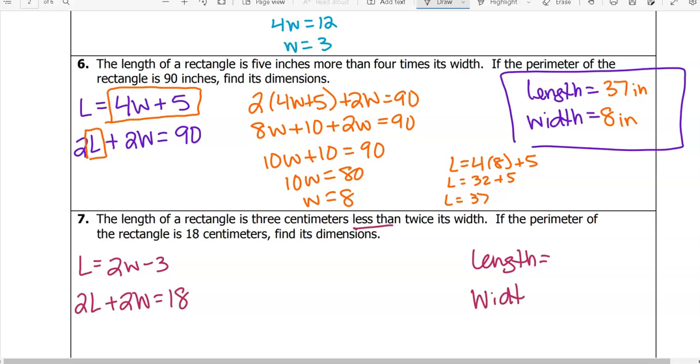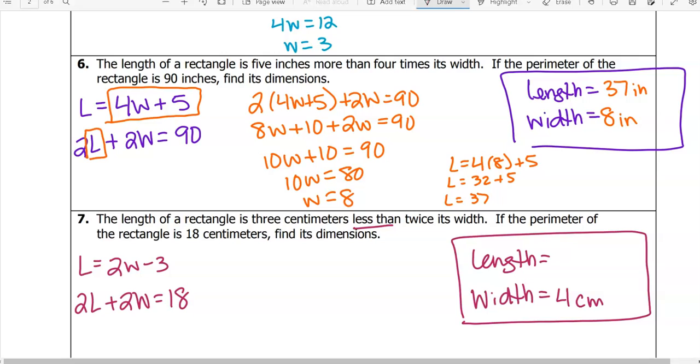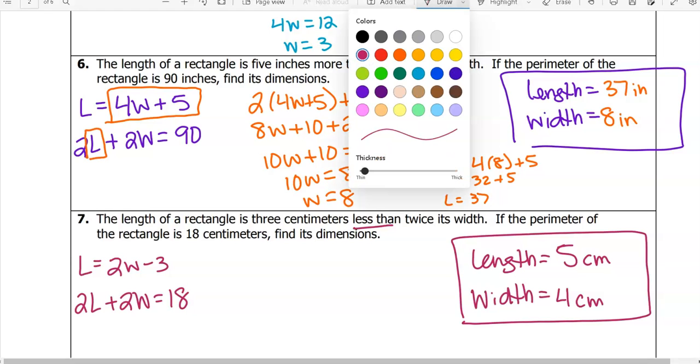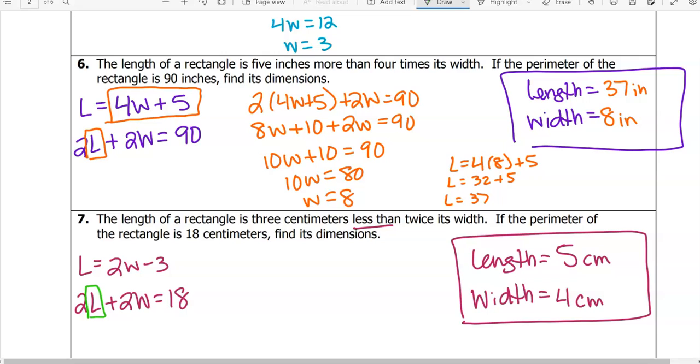Length and width. We should get a width of 4 centimeters and a length of 5 centimeters for this problem. So we take this L, it's going to get substituted in with 2W minus 3.